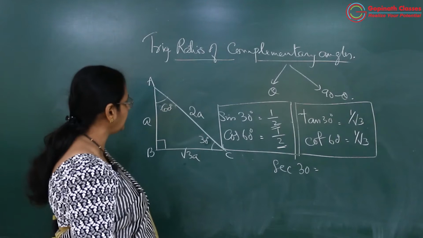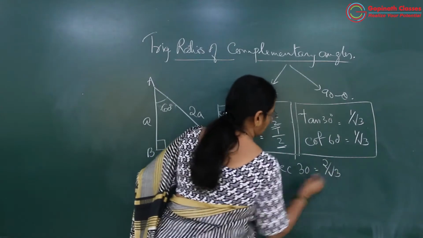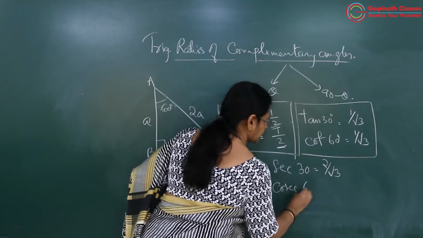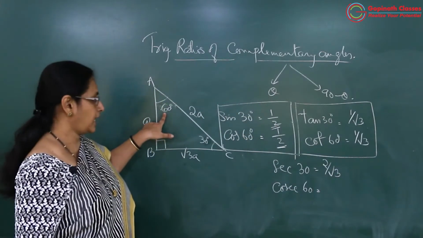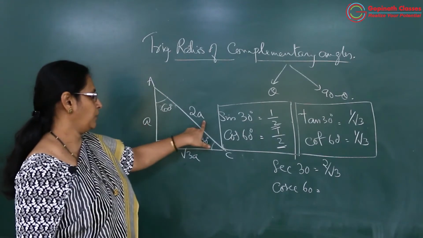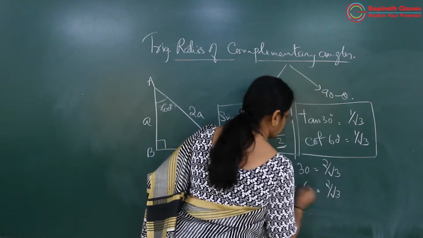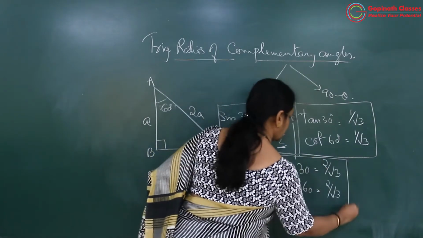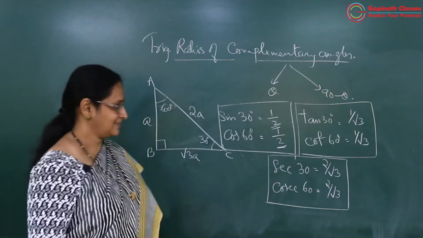So, sec 30 is 2 upon root 3. And what is cosec 60? Hypotenuse upon opposite side, that is also 2 upon root 3. So, if you see these two, you can see 30 degrees and 60 degrees, and sec and cosec.